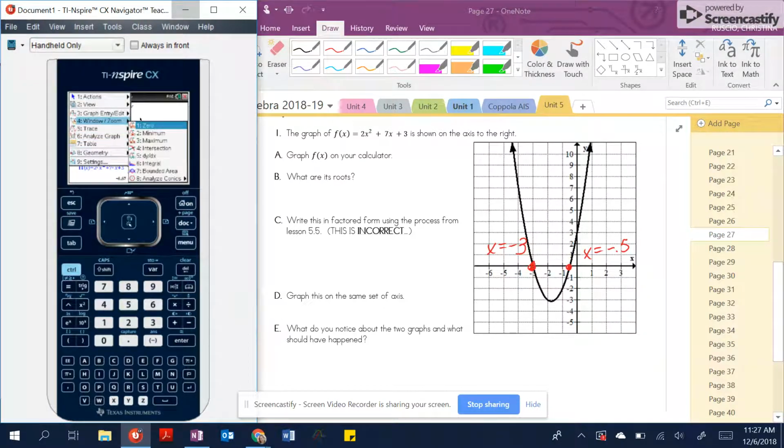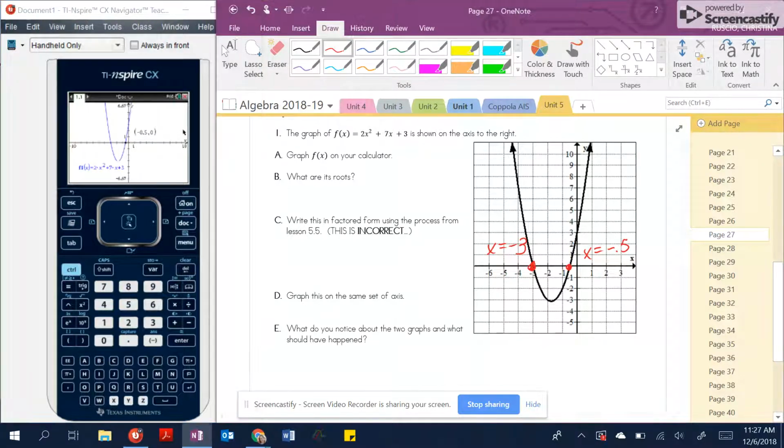So I'm going to use my Analyze Graph feature to get that zero, and in fact, I was correct. So let's just write that down here. So x equals -3, and x equals -0.5.